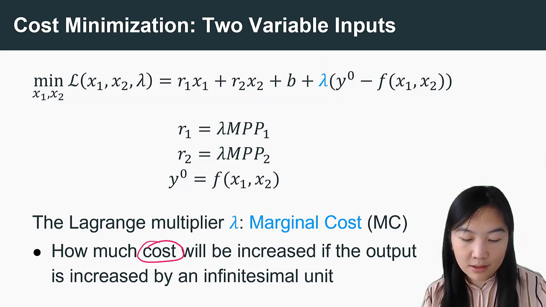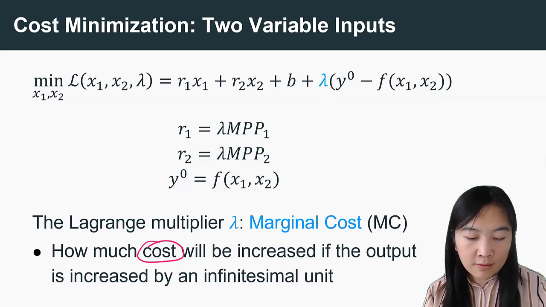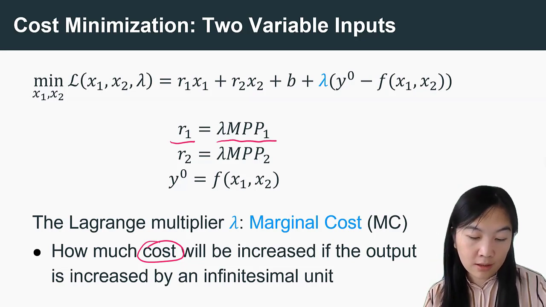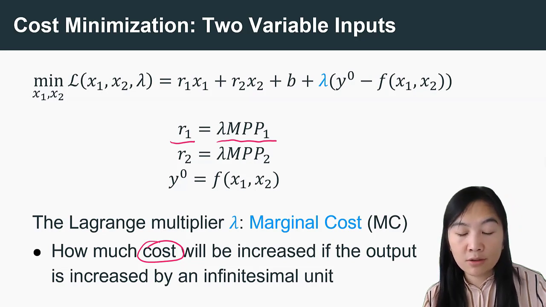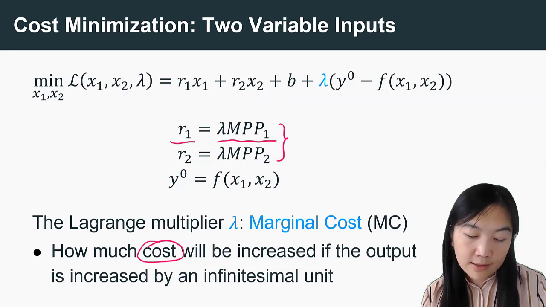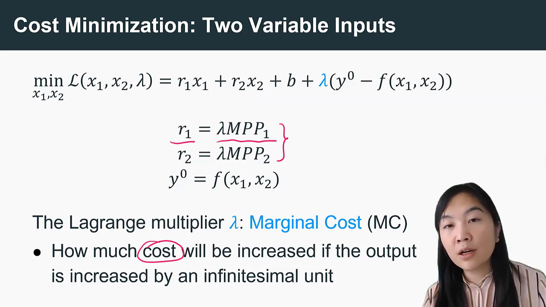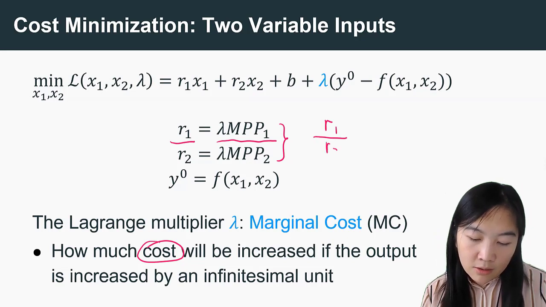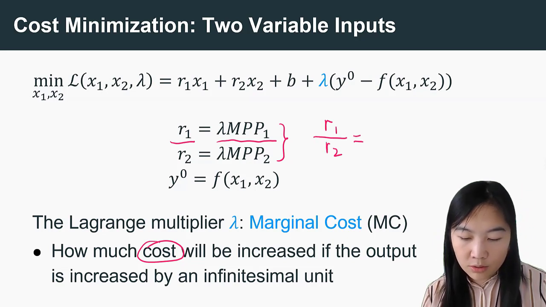So let's actually look at the optimality conditions here. If we take the ratio of the input prices and also the ratio of the terms on the right-hand side of the first two conditions, we can actually get R1 over R2 is equal to MPP1 over MPP2.